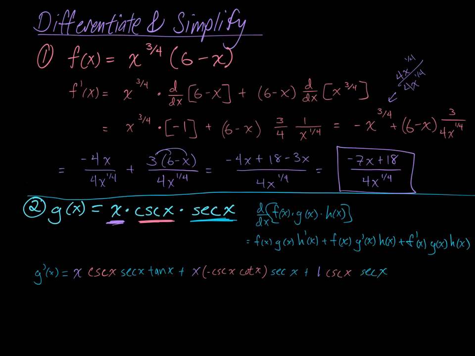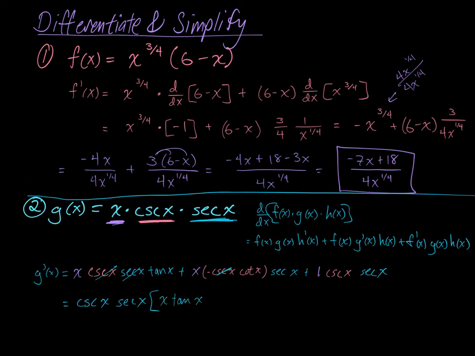So we need to factor out a cosecant and a secant. So this will equal cosecant x, secant x. And what will we have left over? Well, if we get rid of the cosecant and secant here, we're left with x tangent x.